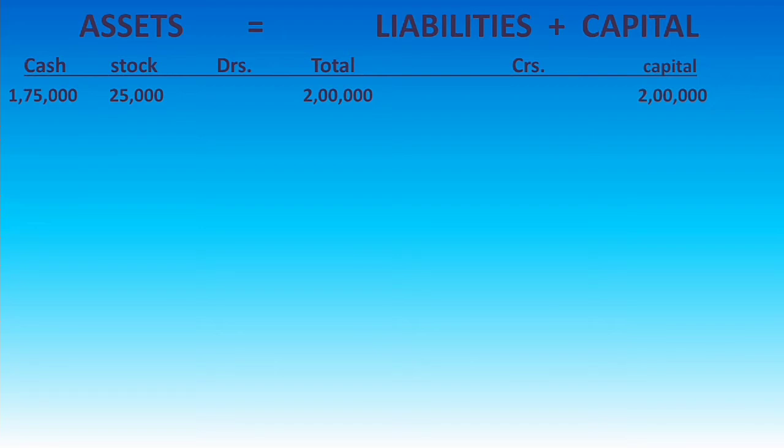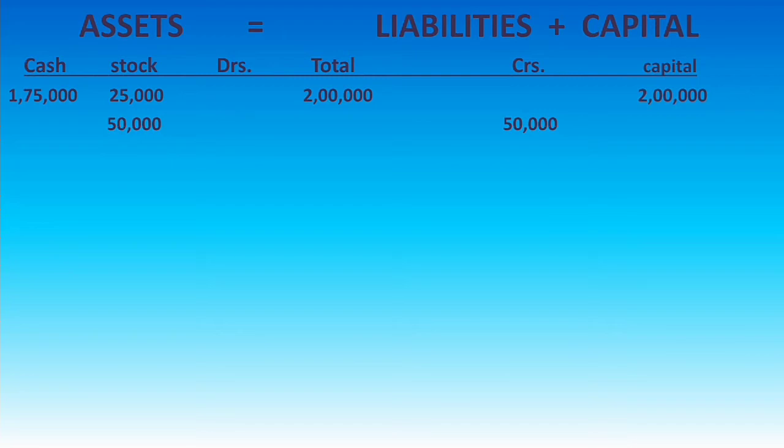Now the second one. Purchased goods from Rohit rupees 50,000. Purchased goods, then stock increased by 50,000. Then we can write 50,000 in the stock column. Purchased goods from Rohit means credit purchase. Then the amount payable to Rohit is a creditor and is a liability. Here the liability also increased.